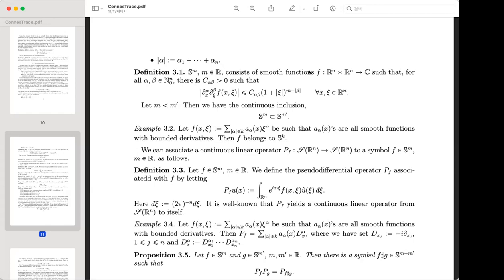So in the case that m is a non-negative integer, it means that in the variable psi, f has the same behavior as a polynomial of degree m. If there is no partial derivative with respect to psi, then f can be estimated by a polynomial of degree m.